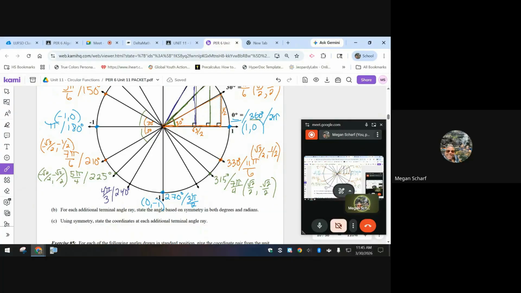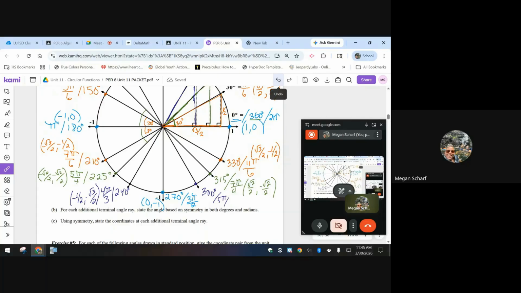And then they're both going to be negative. You guys doing okay? And last one, and then you have done a complete full unit circle: 360 minus 60 is 300 degrees.